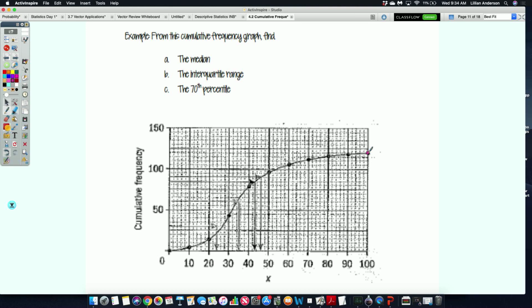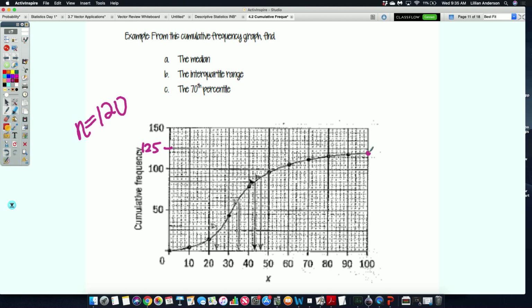It's 120. If you look at your scale, every 2 centimeters is 50. So that means that this one right here would be 125, which means that every line is 5 units. So N is 120. That means whatever X was, you had a total of 120 pieces of data. 120 is the value of N. It is the total frequency of your data.